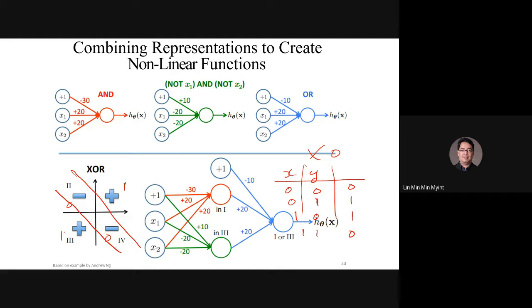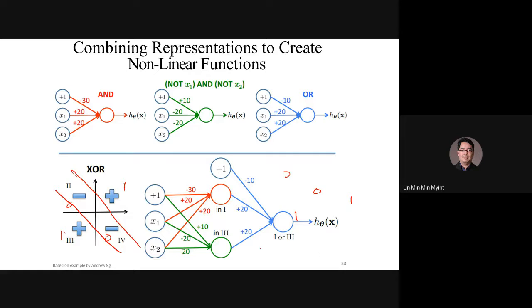So in that case, we have to consider a neural network. For this XOR operation, we can combine this AND gate, this NOT gate, and this OR gate. If we combine them together, we can get the XOR, because for the XOR, you can consider it by using logic calculation.